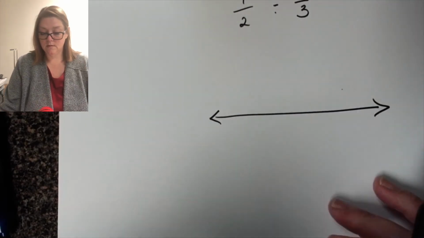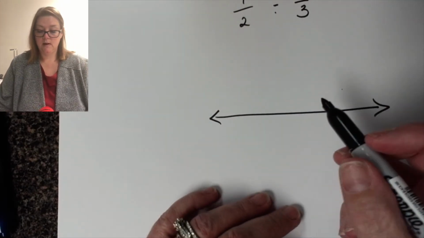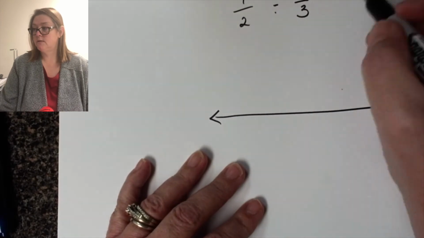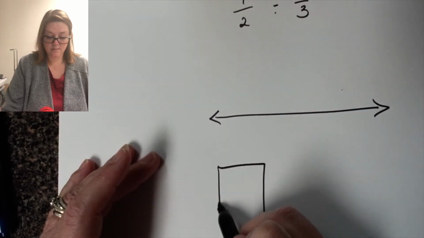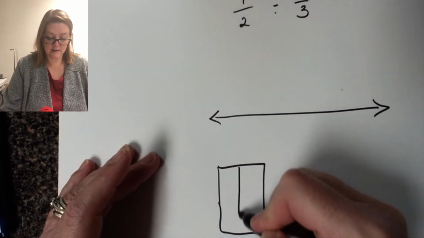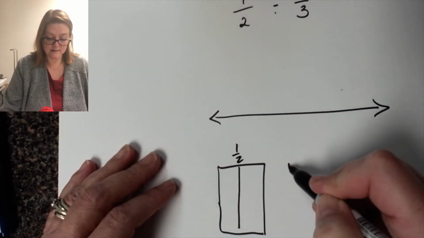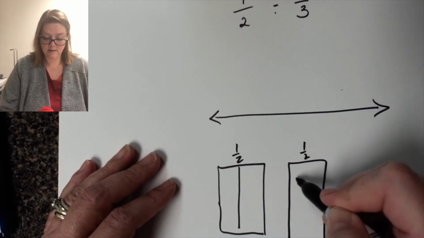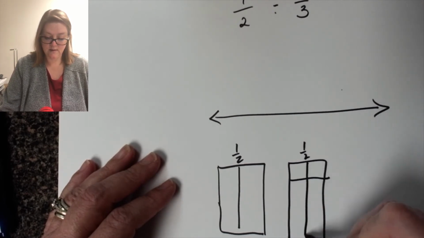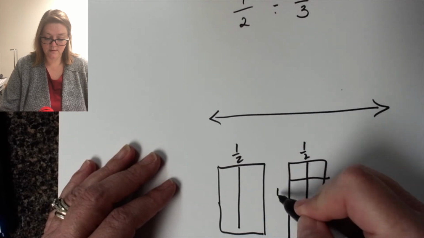So let's draw the boxes first. I'll do those down here. So again, this is a half. This one's going to be a half. And then, of course, the thirds.